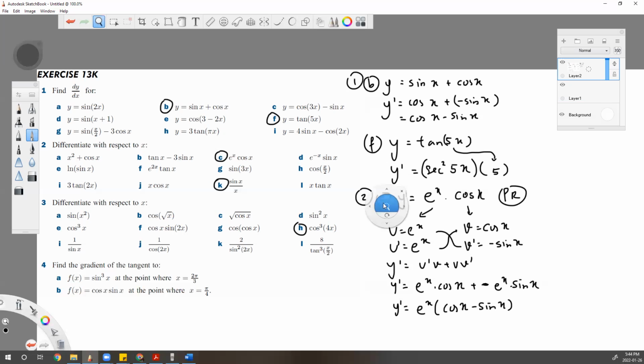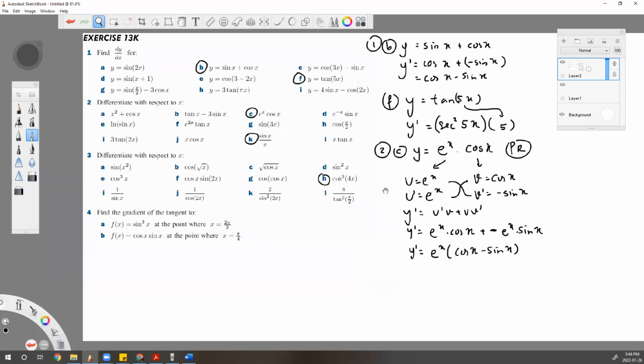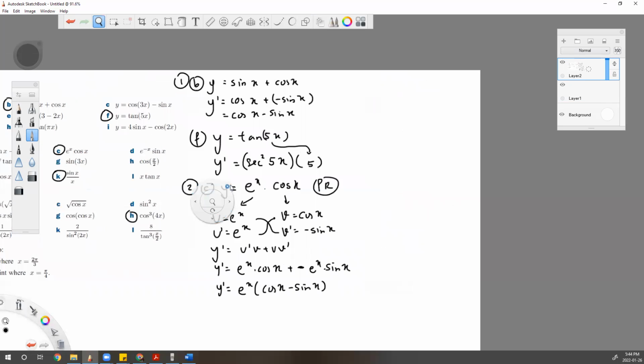Now, number 2C is quite a lot. Sine x over x. u equals sine x. We use the quotient rule. v equals x. u' is cos x. v' is 1.